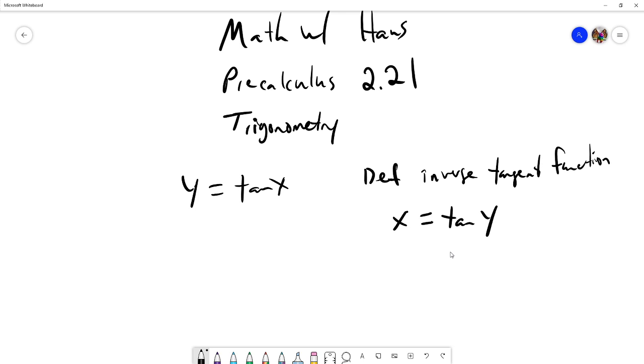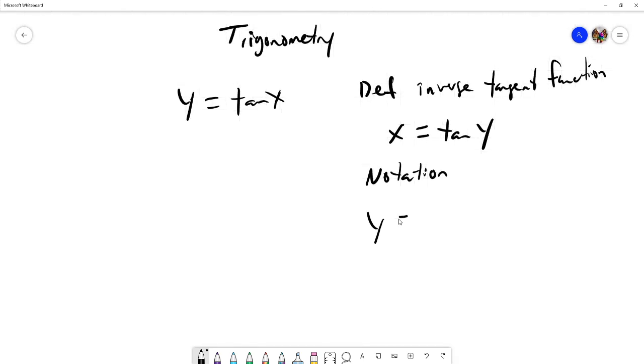Now we want to look at notation. Notationally, you'll see this going on with a -1. As I've mentioned before in the two previous videos, this -1 refers to the fact that we're discussing, strictly speaking, the inverse tangent function. That is not an exponent, that is not a power of -1, that is referring strictly to the inverse tangent function.